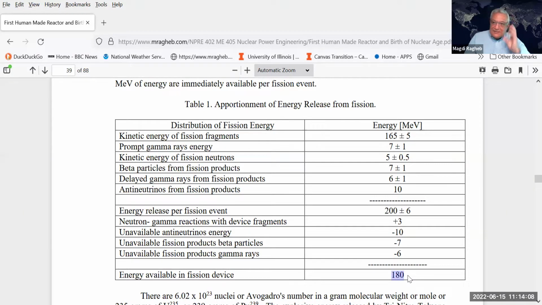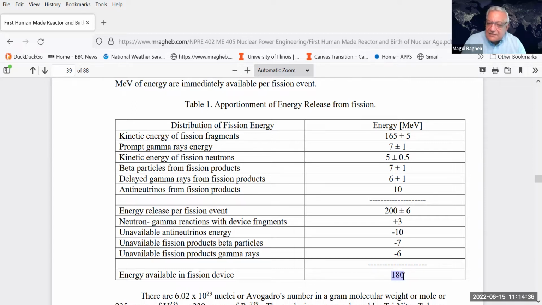Now let's compare that number to the energy we get from chemical processes. If you have an atom of hydrogen, and say in a fire you ionize it, meaning that you get the electron out from the orbit around the nucleus of the hydrogen atom, you spend 13.6 electron volts. This is the ionization energy of the hydrogen atom.